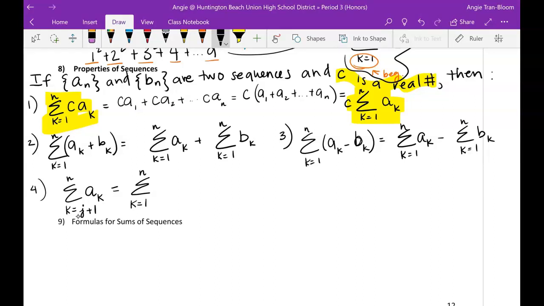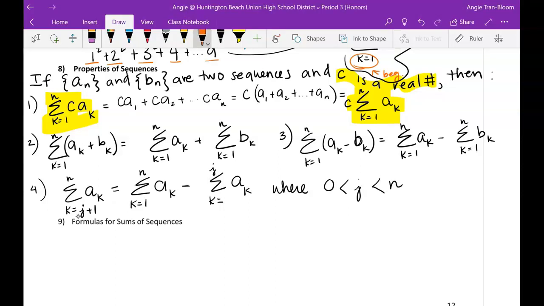Here's the rule. We will do the summation of a subscript k starting at 1 to n, minus the summation of k equals 1 of a subscript k to j. And what on earth is j? Where j is greater than 0 and less than n. Let's say n is 9.